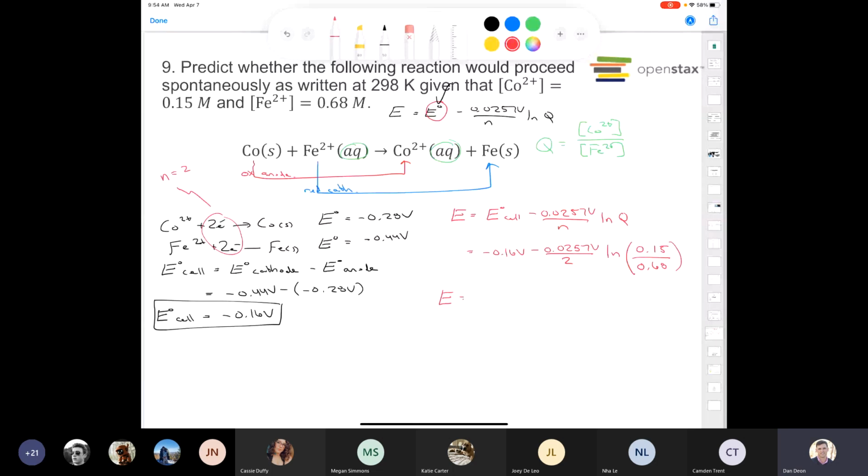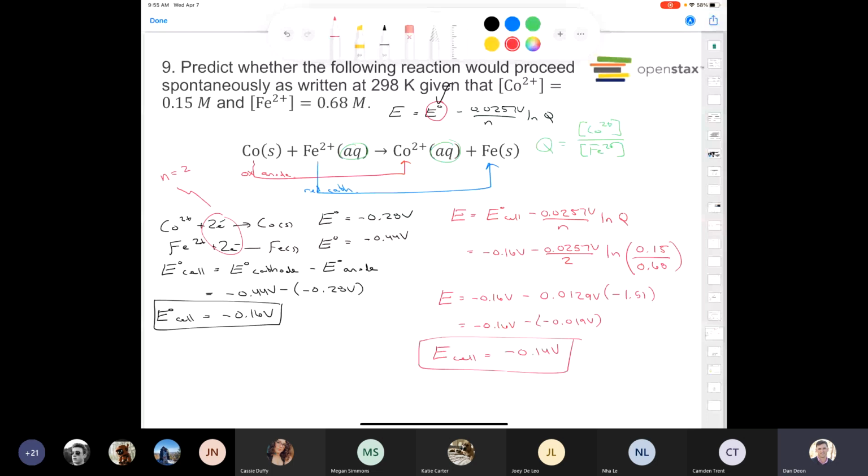We have E is equal to negative 0.16 volts, subtract 0.0129 volts multiplied by negative 1.51. I'm just simplifying here. We get that E is equal to negative 0.16 volts, subtract negative 0.019 volts, and then we get that the E of our cell at non-standard conditions is equal to negative 0.14 volts.